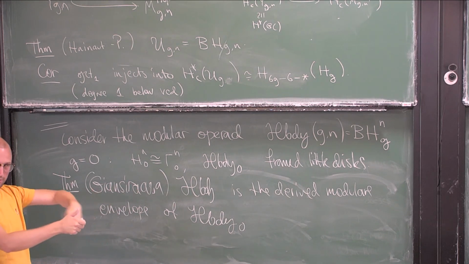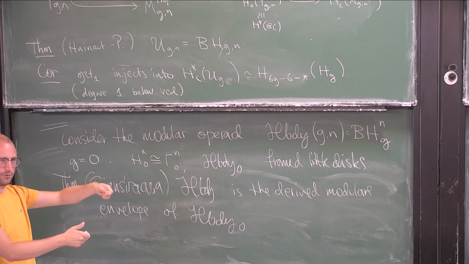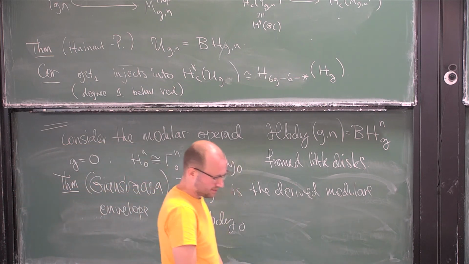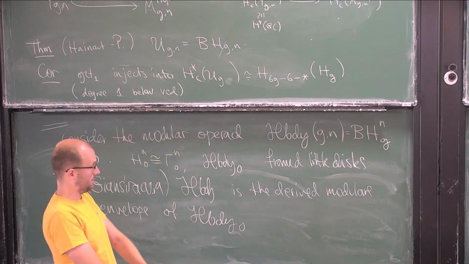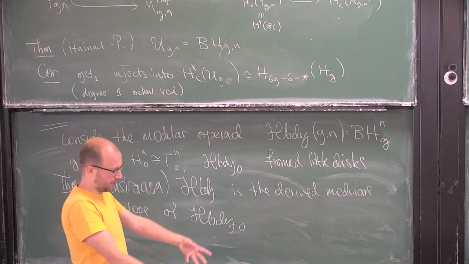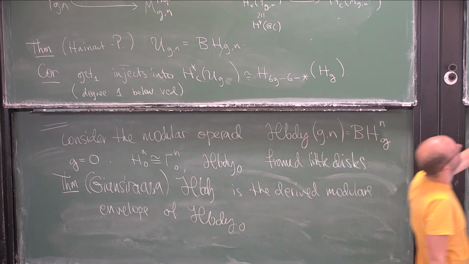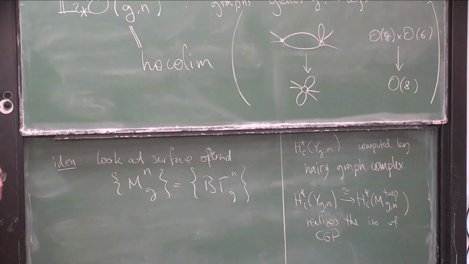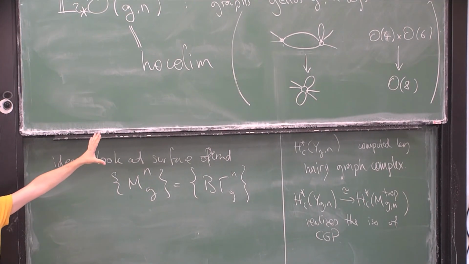And these are the allowed lengths of these boundary components. That means that only short boundaries are allowed. And when I take the derived modular envelope, I get an explicit map like this. And I can think about what is the image of that derived modular envelope map.